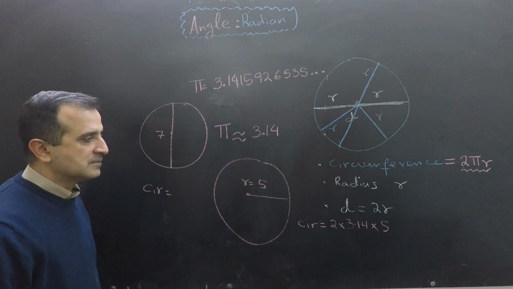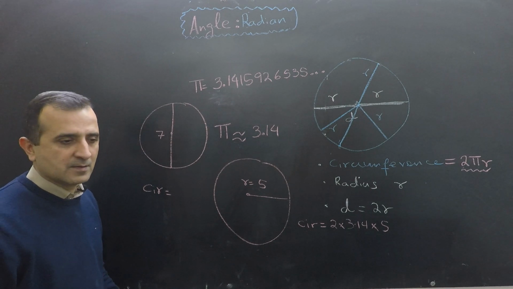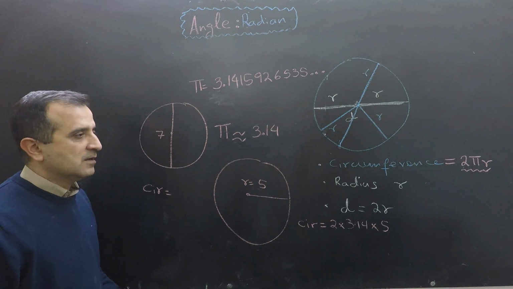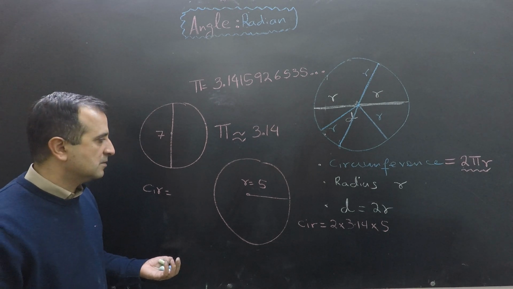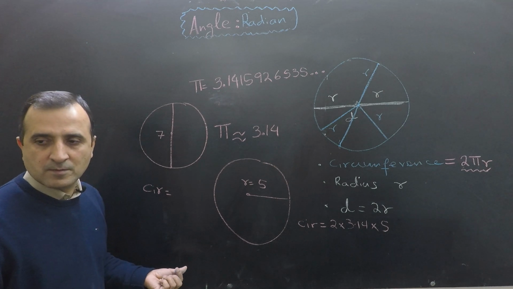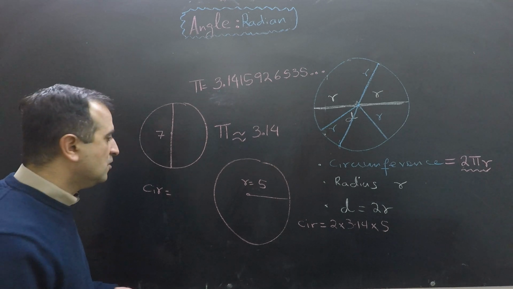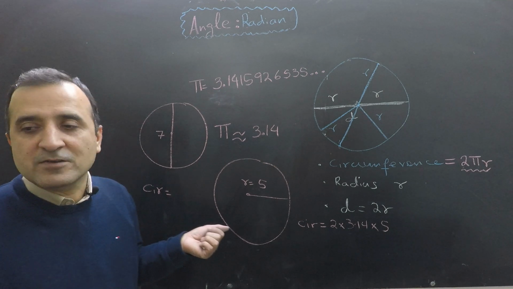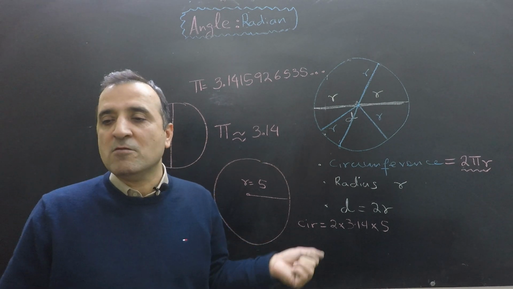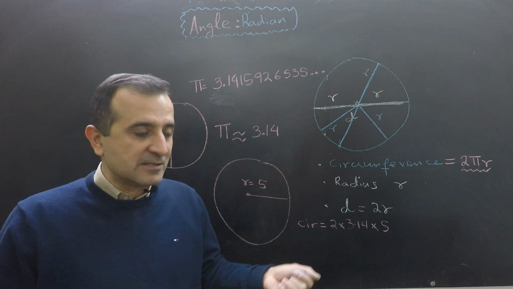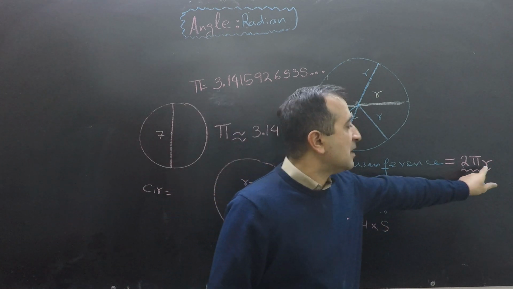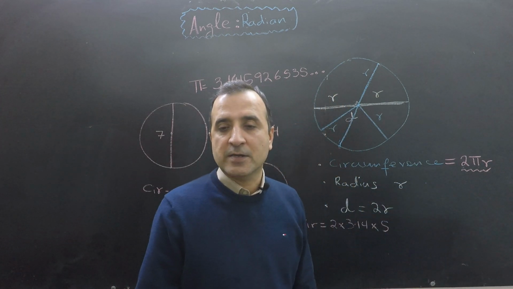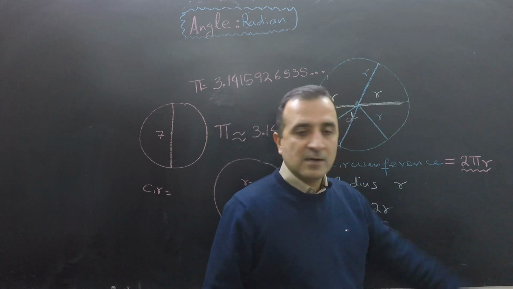Where does the pi go? Can we divide 7 by 2 to make it half? Yes, we can divide 7 by 2, make it a radius, and then find our answer. But we don't have to do that because 2 times r is the diameter.